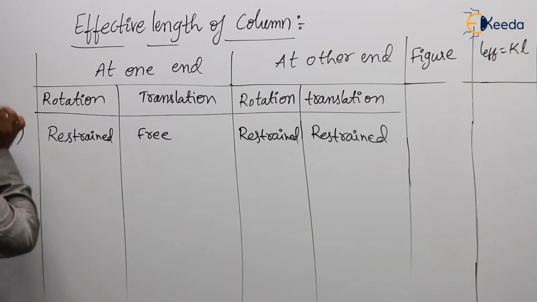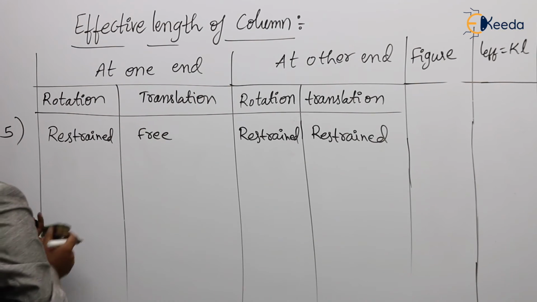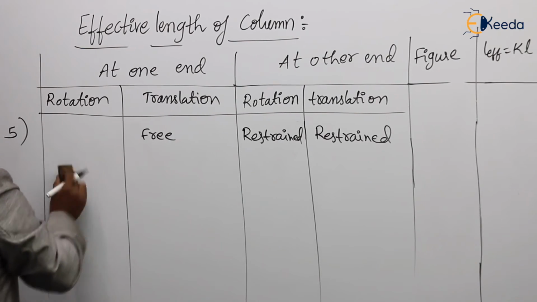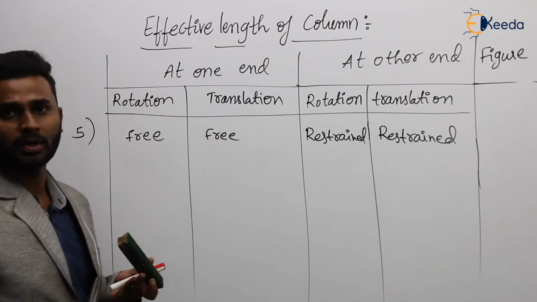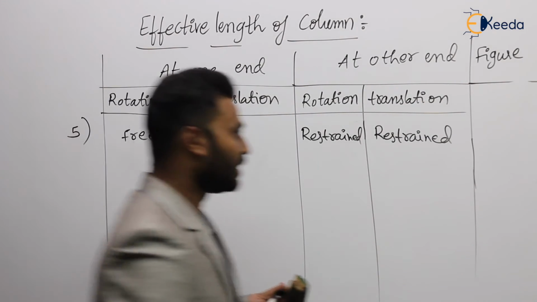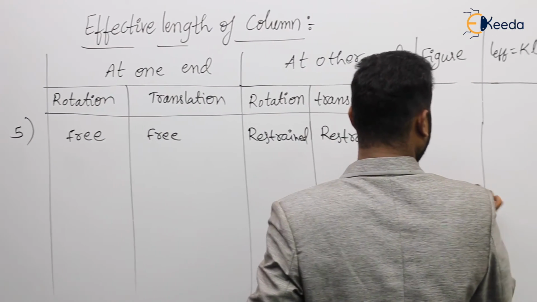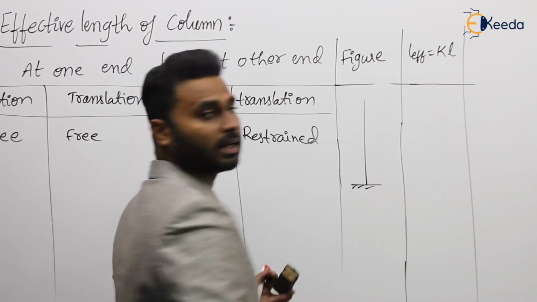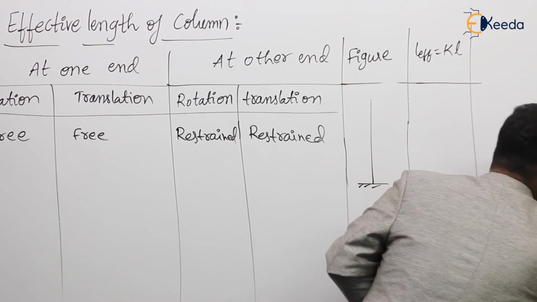Next. At one end, both rotation and translation are restrained, and at the other end, both rotation and translation are free. Then which type of support? At one end obviously fixed, and the other end is free. Okay, like this. One end fixed and the other end free. Agree or not? That is the support. Now in this case, what is L effective?